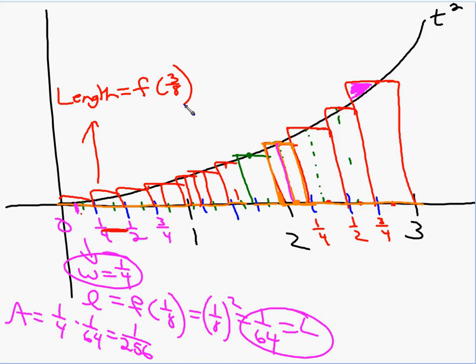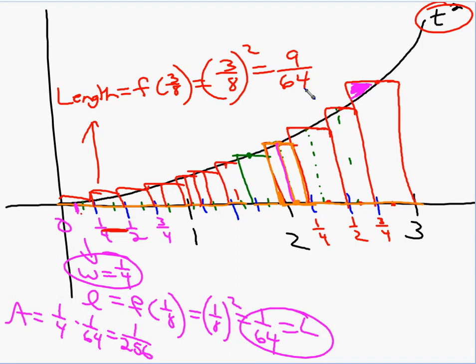The next rectangle, I'm moving over one. The length would be f of 3/8. So my function is t squared, so that's going to be 3/8 squared, which is 9/64. Okay? What is the width of this same rectangle, though? Isn't it still 1/4?